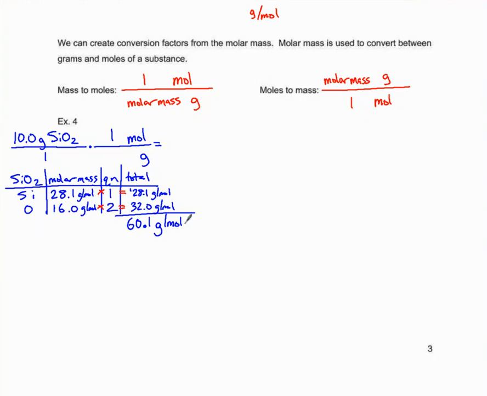So now we're going to take this number and put it in right here, 60.1, and that's grams per mole.